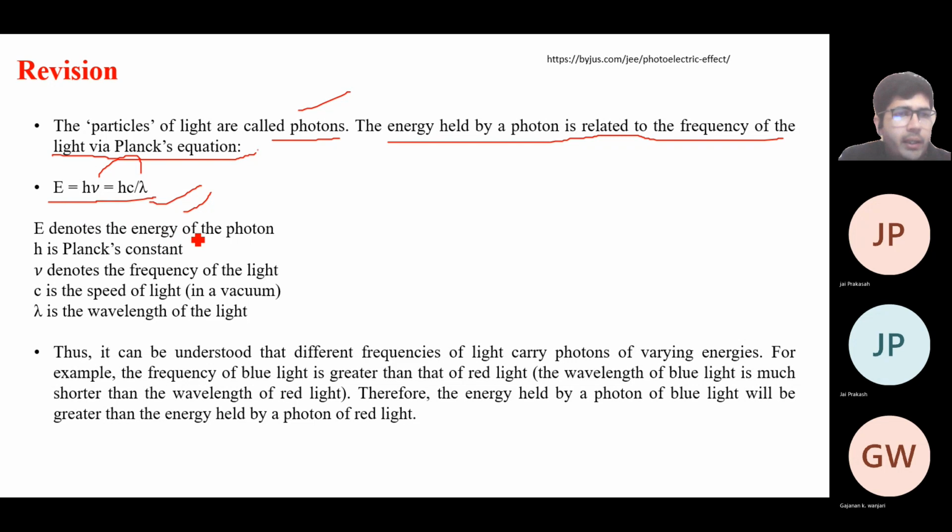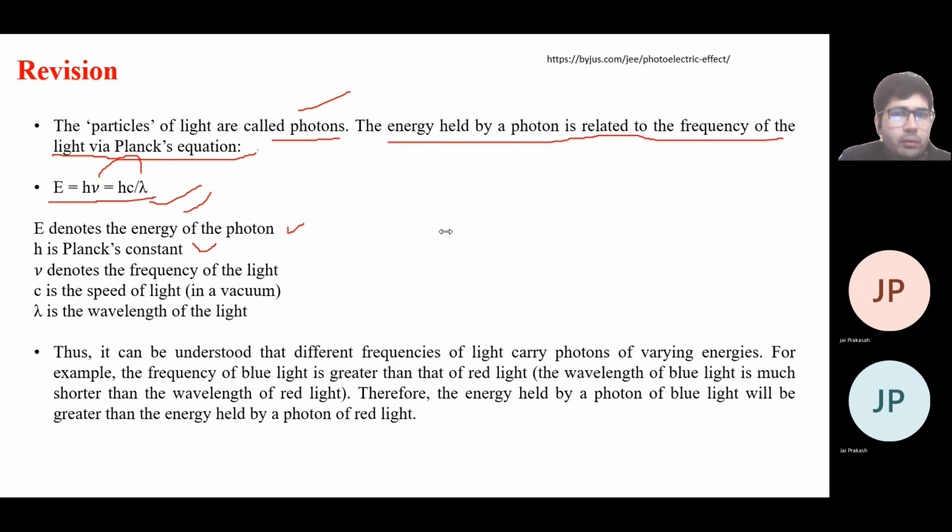Here E denotes the energy of the photon. h is Planck's constant, which is very important. We will see its value in the next slide. Nu denotes the frequency of the light.